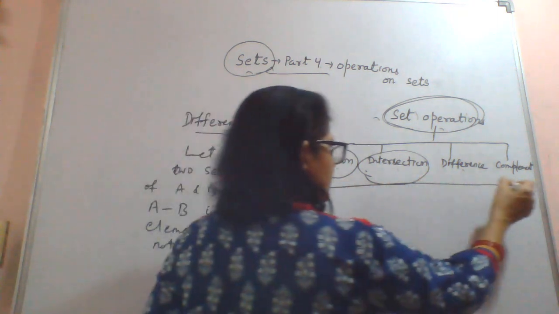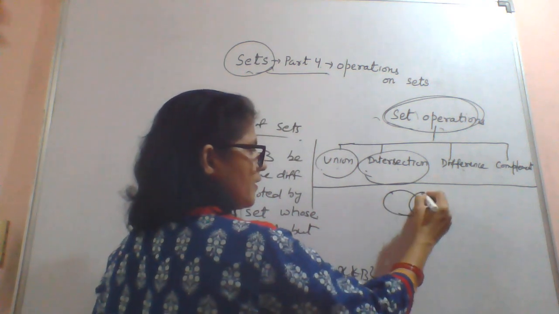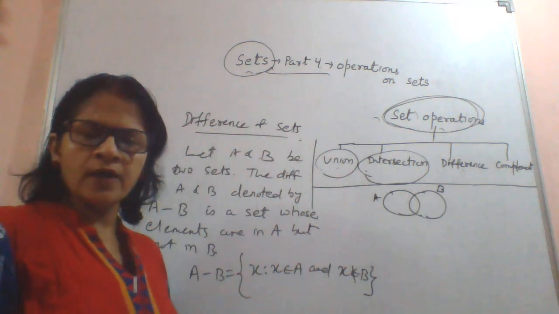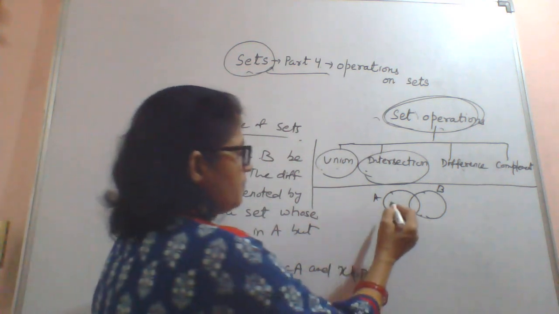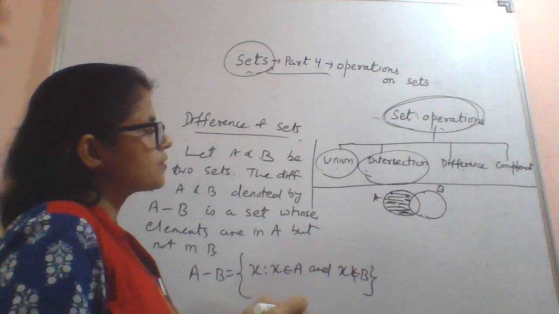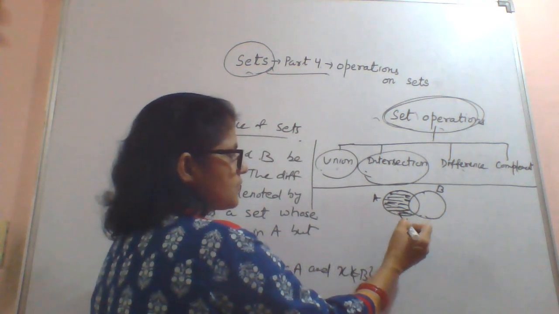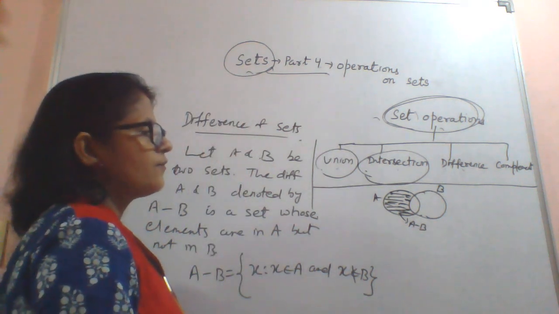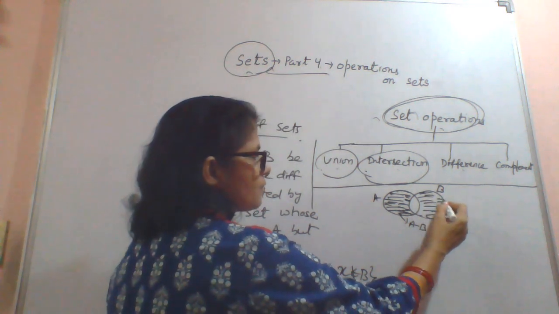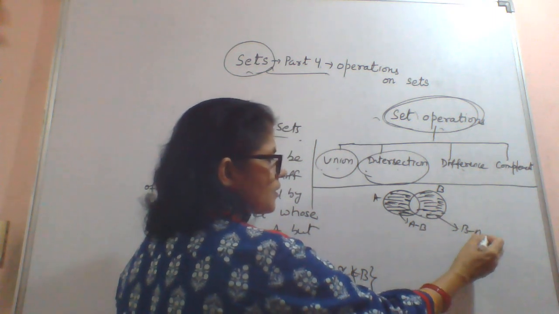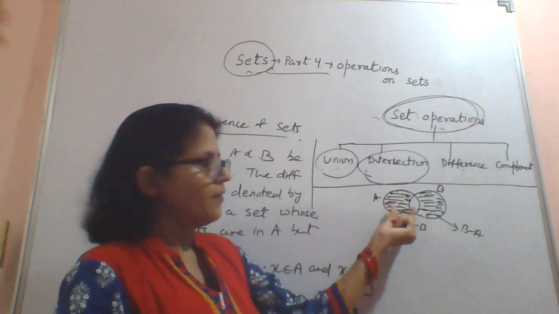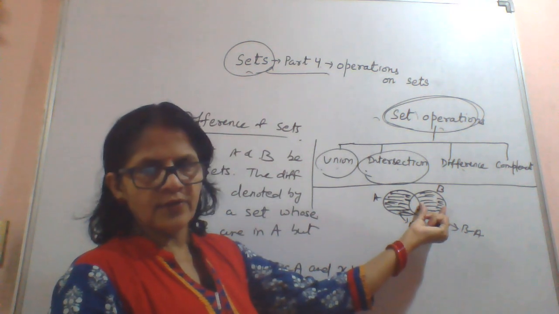Now let me take the Venn diagram here. If I take the Venn diagram like this, here is set A and here set B. So A difference B, as I told you, will be in A, not in B. Means the elements which are in A but not in B. So this is the portion, and we can say this is your A difference B. Similarly, if I take this portion, this will be your B difference A. B difference A is in B, not in A, right?